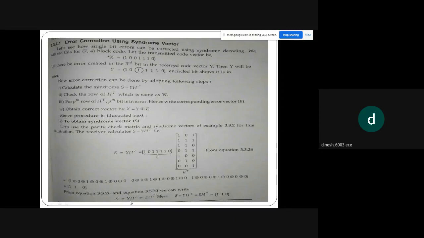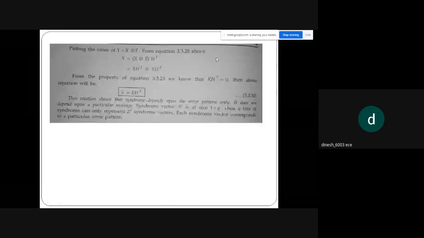S is always equal to E H transpose by this definition. So the syndrome Y H transpose that we obtained is E H transpose, which is equal to 1, 1, 0. This is how to write the syndrome.